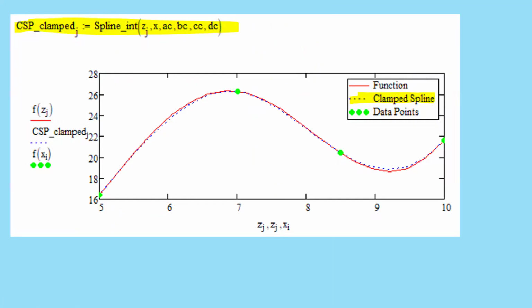As you can see, this spline also passes through all the data points, like the Lagrange and the natural splines. Since we specify the slope at the endpoints, the curve also matches the desired behavior near the boundaries. As a result, the spline follows the original function very closely across the entire interval.